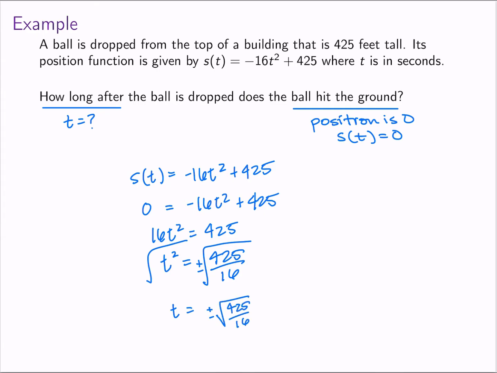But because I'm dealing with time, I don't really have to worry about the negative. I'm not talking about before this all started. I'm only concerned for times greater than or equal to 0. So I'm going to plug that square root of 425 over 16 in the calculator and approximate and say 5.15 seconds.